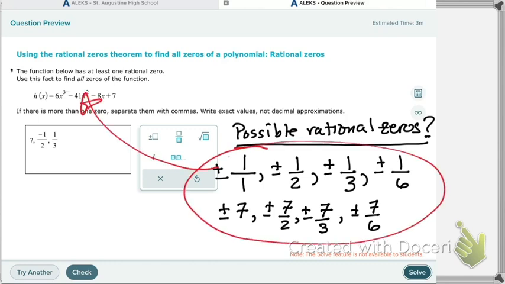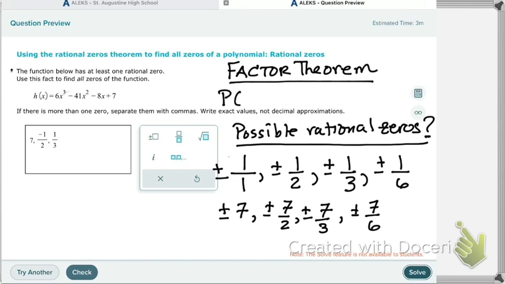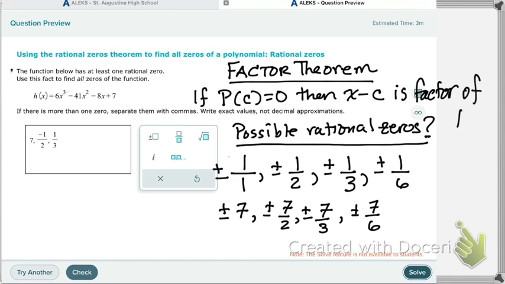And I would find out if it is one of those by what? Well, you may remember from a previous lesson something called the factor theorem. And the factor theorem said if P of C is equal to 0, then x minus C is a factor of P of x.